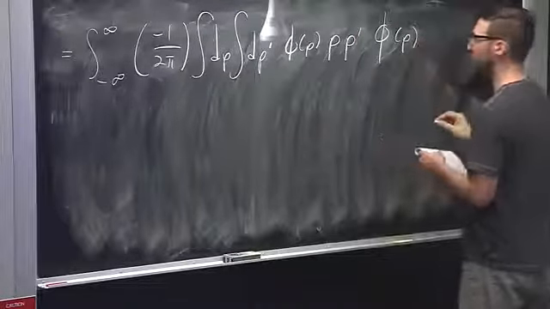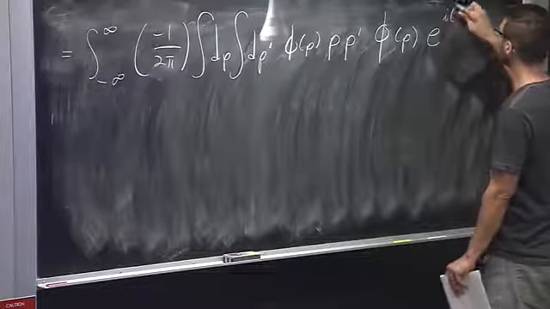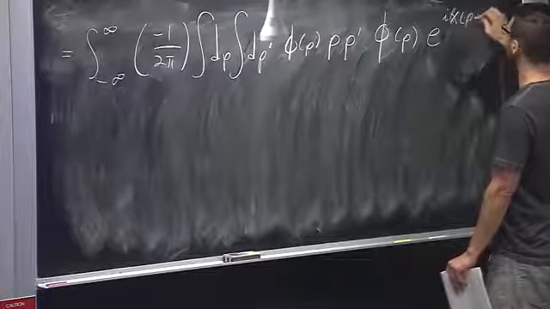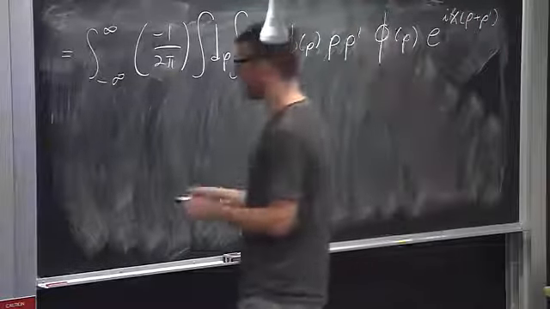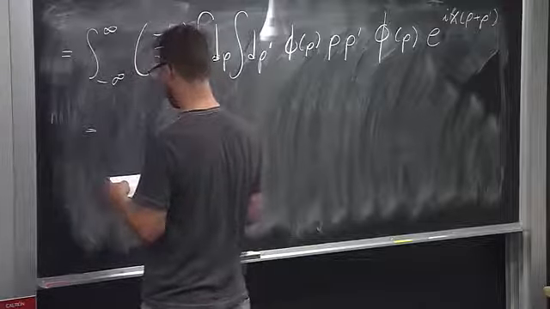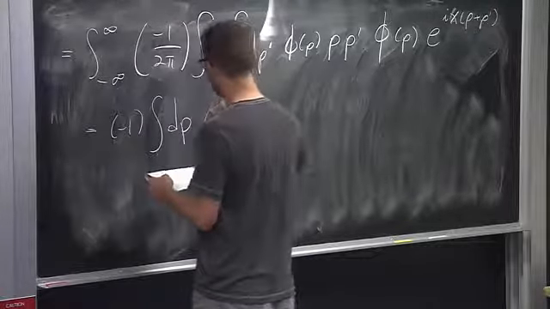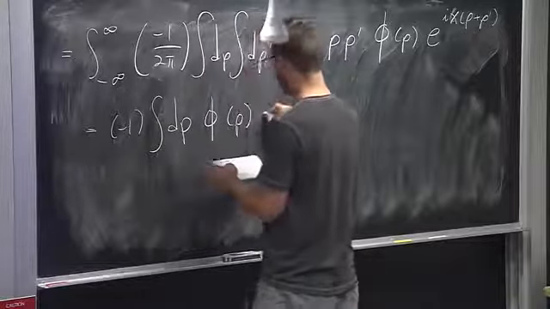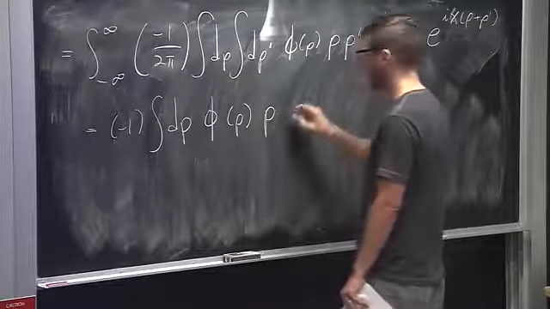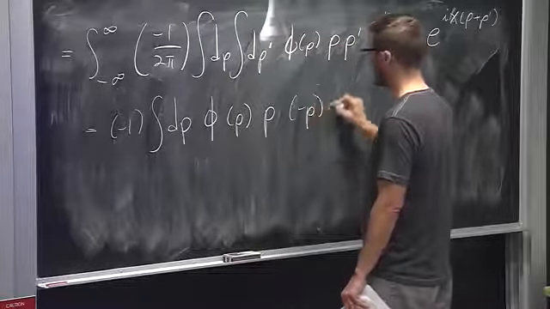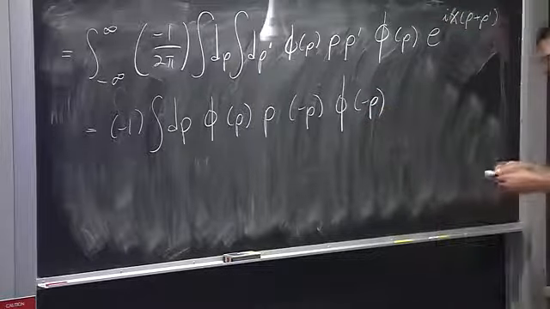And you can keep these things in order. You don't have to assume they commute. I, x, p plus p prime, because that'll give you a nice form. Okay, so -1 out front. I have the field at p, and I have the field at minus p.